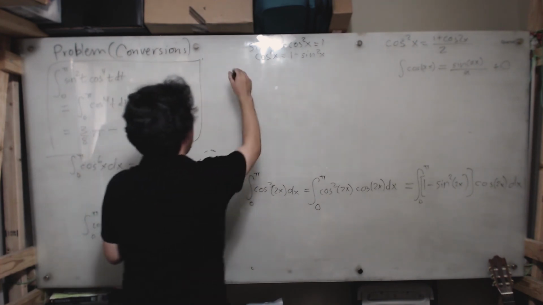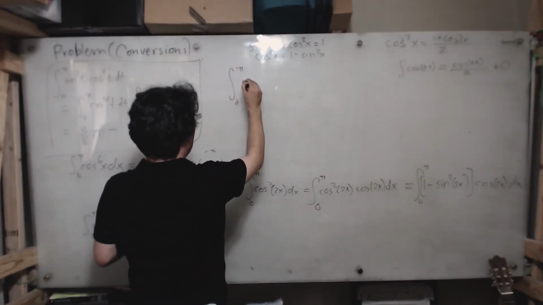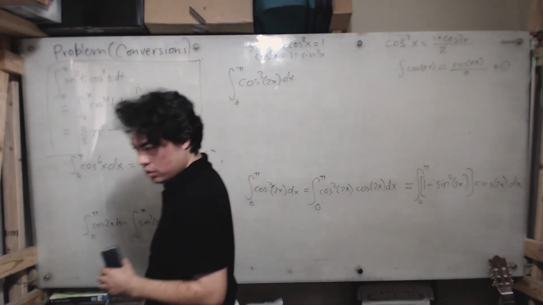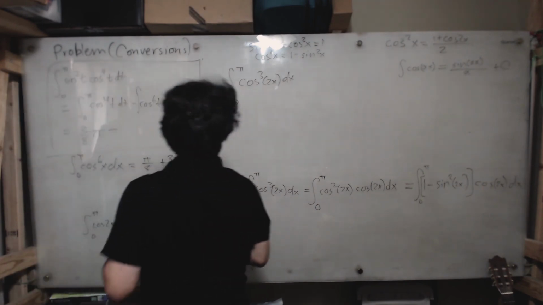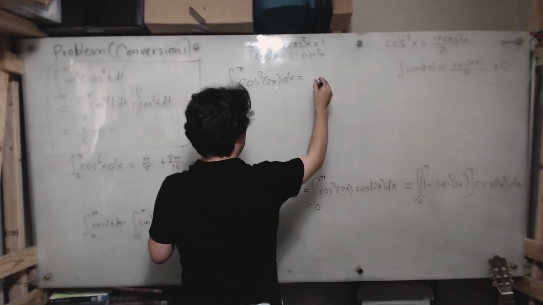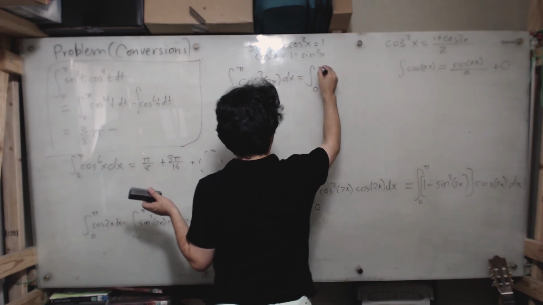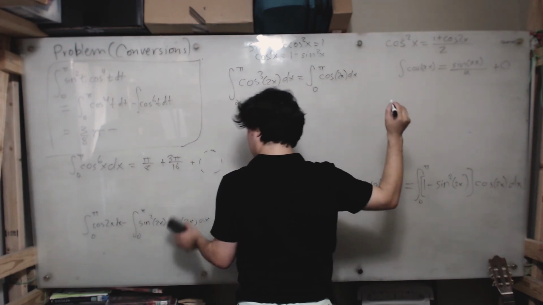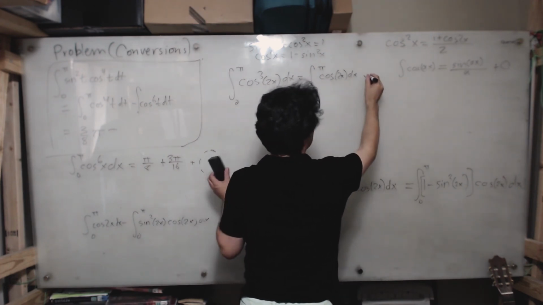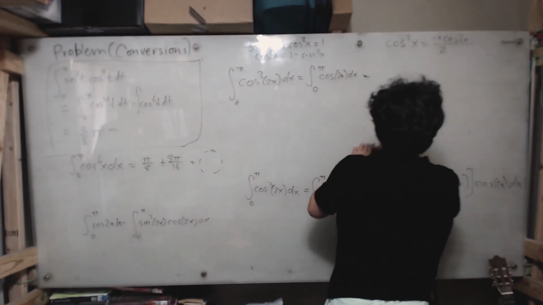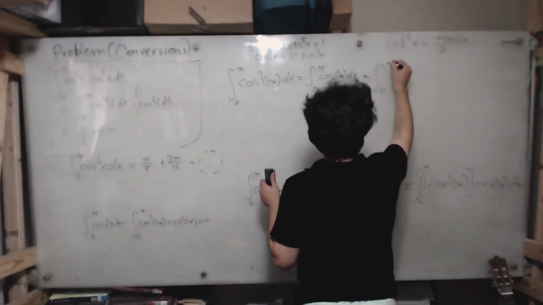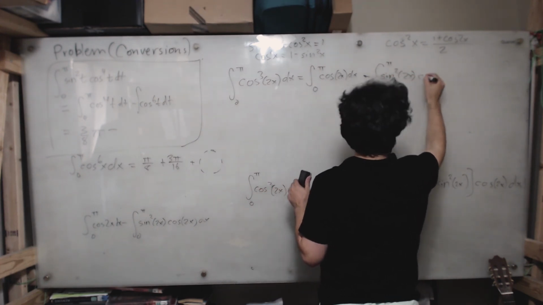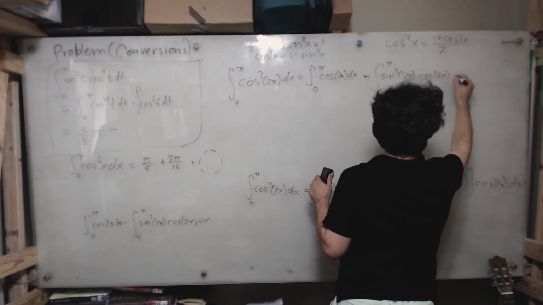Okay, so where I last left off, the integral from 0 to pi of cosine cubed 2x dx equals the integral from 0 to pi of cosine of 2x dx minus the integral from 0 to pi of sine squared 2x cosine of 2x dx.